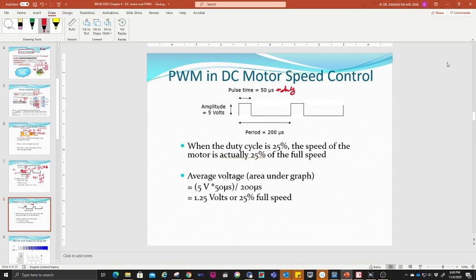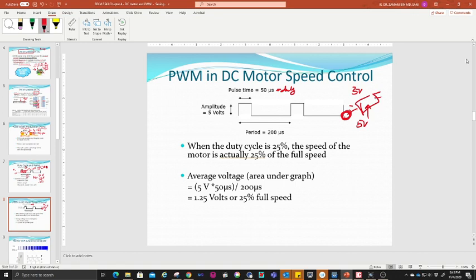So when the duty cycle is 25%, the speed of the motor is actually 25% of the full speed. For example, your motor here is a 5 volt motor, which is the highest speed it can go. This is a rating of 5 volt only, so this is a spec, right? If you give 5 volt, it will rotate at the highest speed.